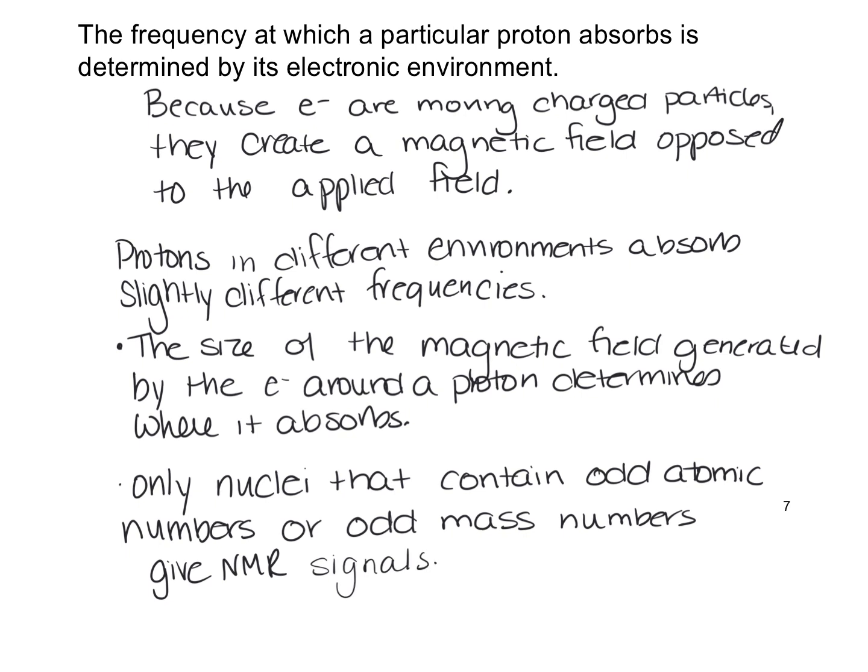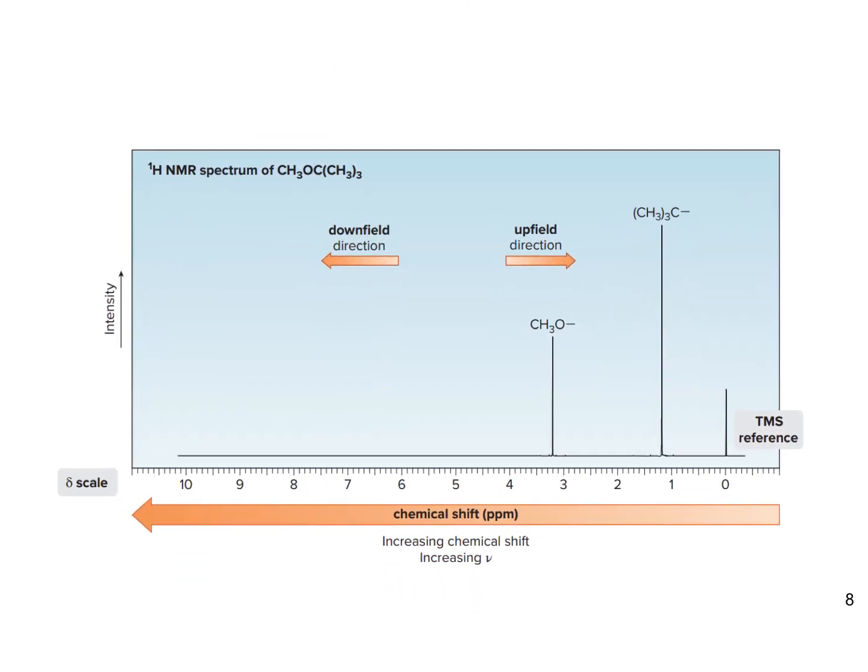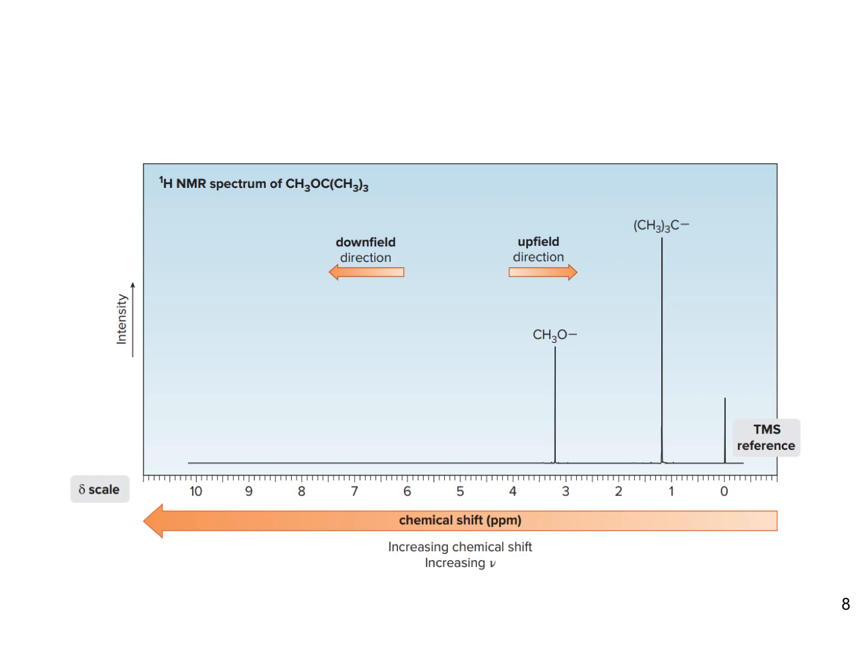So let's look at an example of an NMR spectrum. It's a plot of intensity, shown here on the y-axis, against the chemical shift, which is shown here on the x-axis. The chemical shift is measured in parts per million, okay?